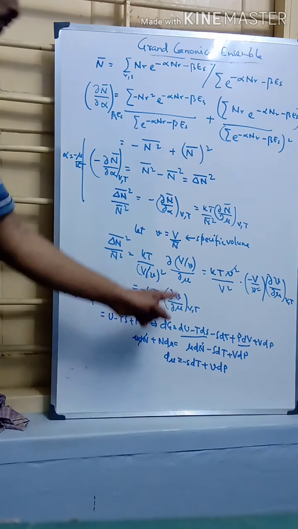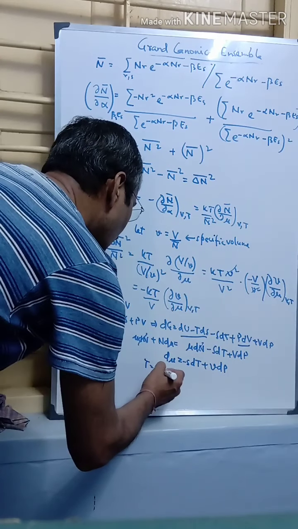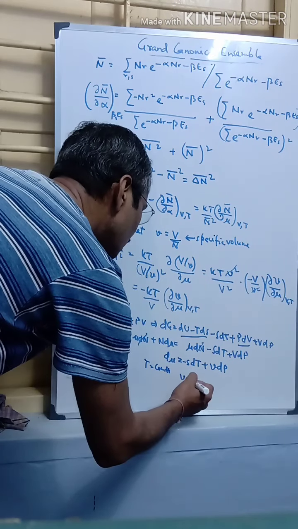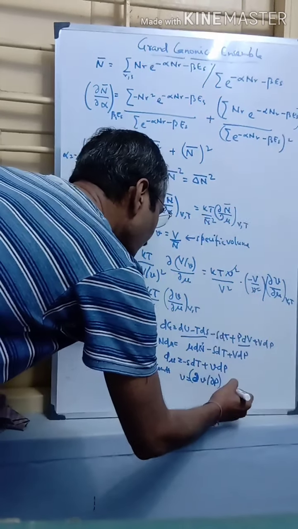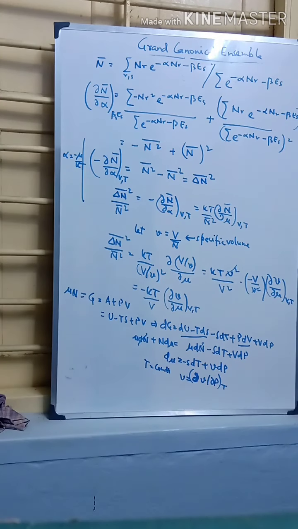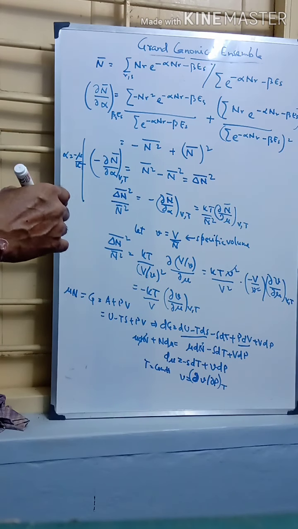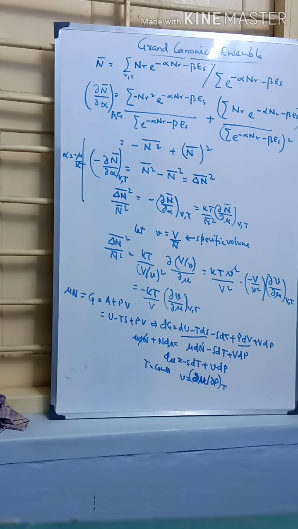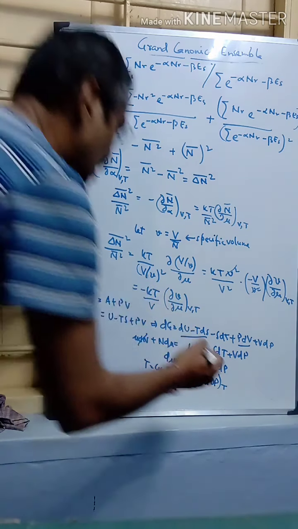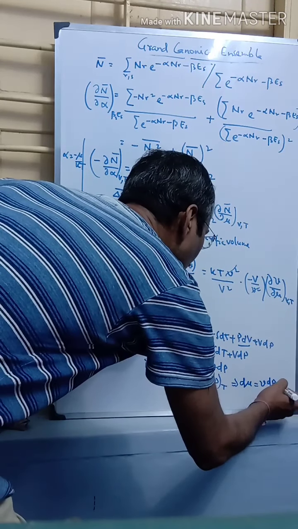And if the temperature also remains constant, for T equal to constant, one can define V to be equal to del mu by del P at constant T. So d mu is nothing but VdP at constant temperature.